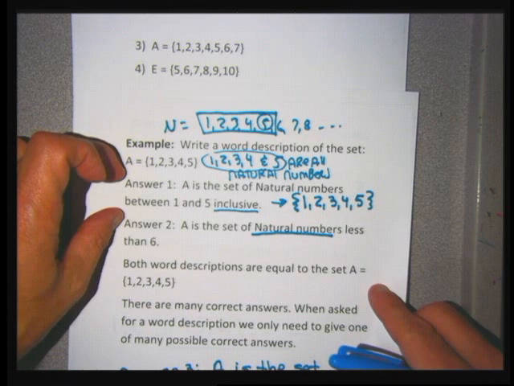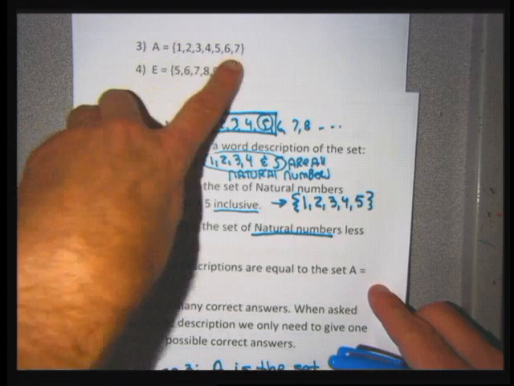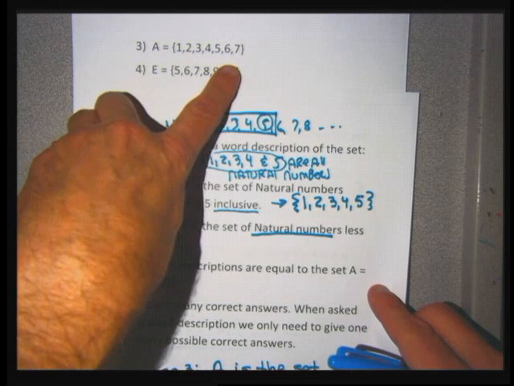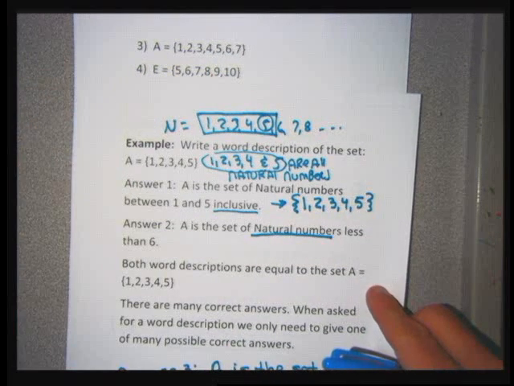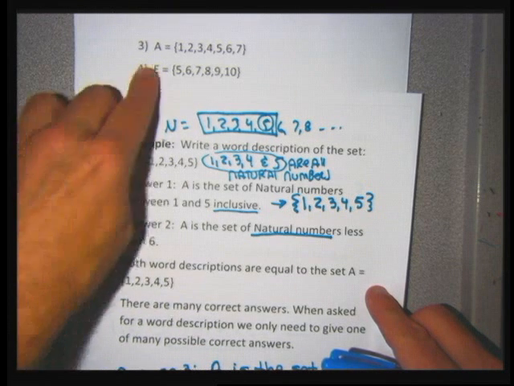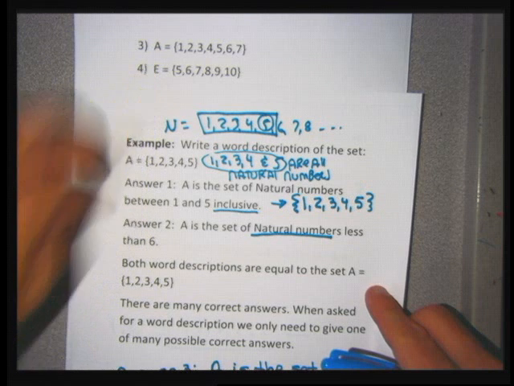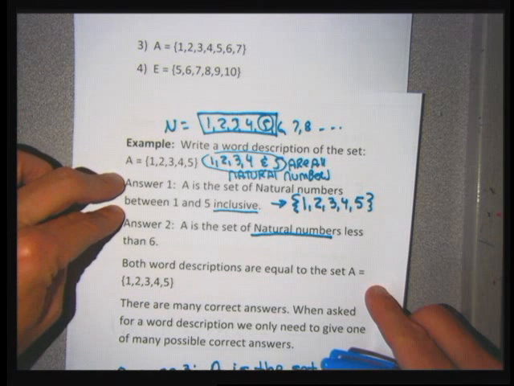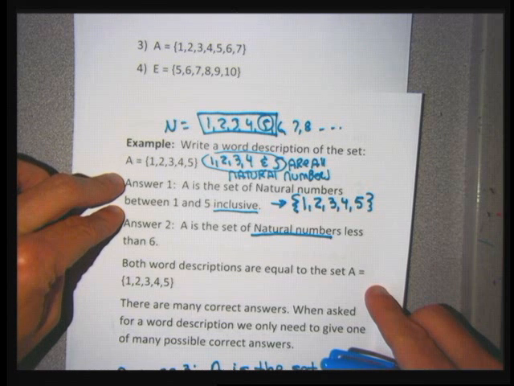I kind of like to use this kind of word description when I have a first and a last number. If my set of natural numbers doesn't have a beginning or an ending number, that's when I start using the greater thans or less thans. So when I do an answer to problem 4, mine's going to be E. E is a set of natural numbers between 5 and 10 inclusive. You certainly could do something just like that.